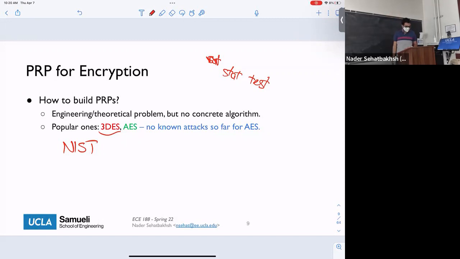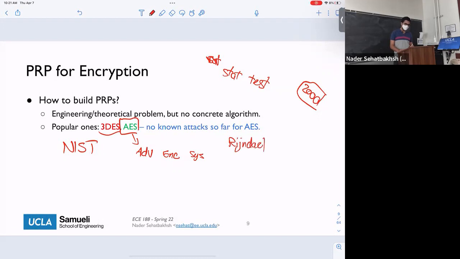All right. Around 2000-ish, there was another call for coming up with new PRP algorithms. The winner, the finalist, was the Advanced Encryption Standard, or AES, which was designed by, I think, the Dutch scientist Rijndael. This algorithm again has multiple rounds, which I'm going to show you in the next slide.